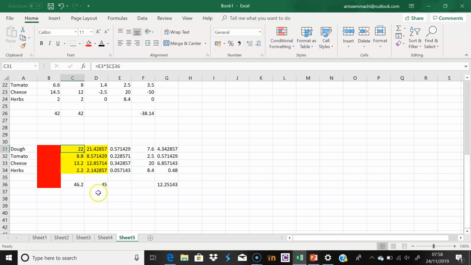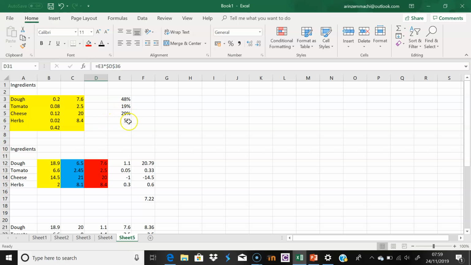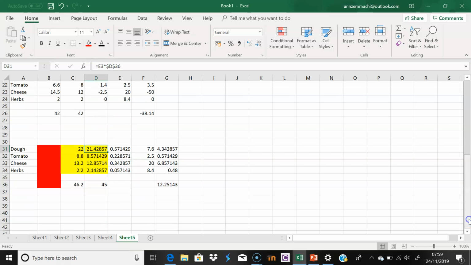And I do that exactly for the 45 kilograms that we had here, but not using the actual mix, using the standard mix. So that's the actual, you should have used 46.2. You used 45. So I know this is favorable anyway, because you used less than you should have to make 110 pizzas. All this is simply me dividing 45 in the standard ratio that you see me using up here, 48, 19, 29, and 5.